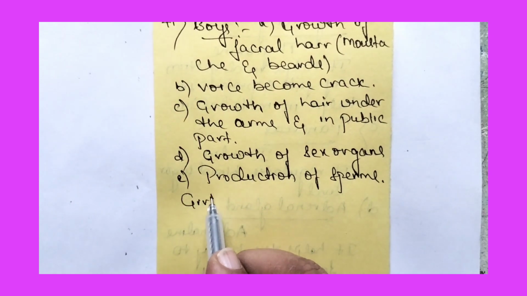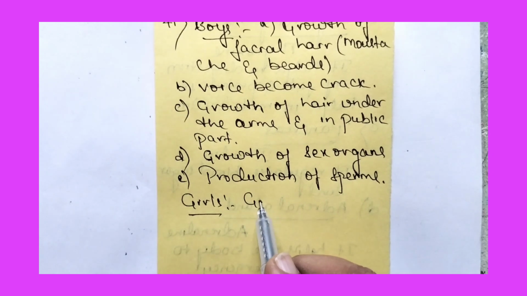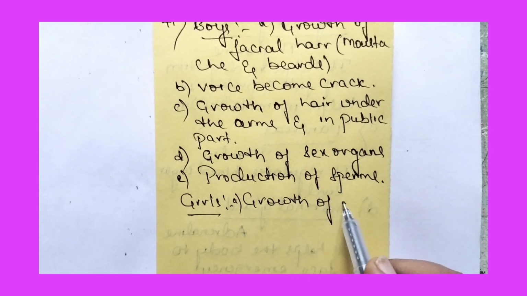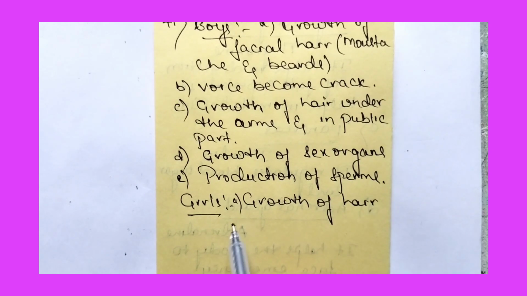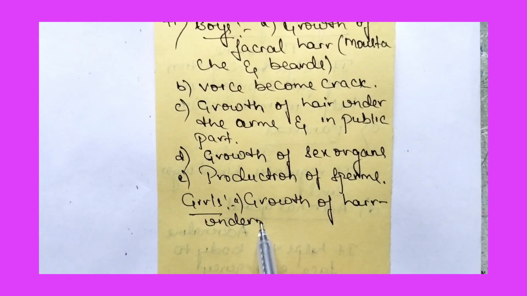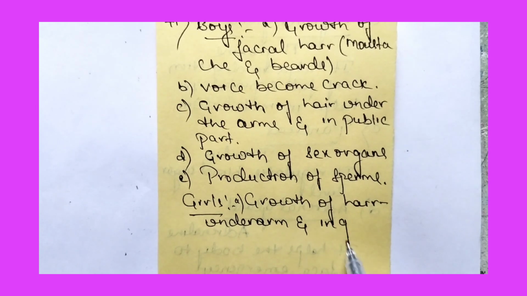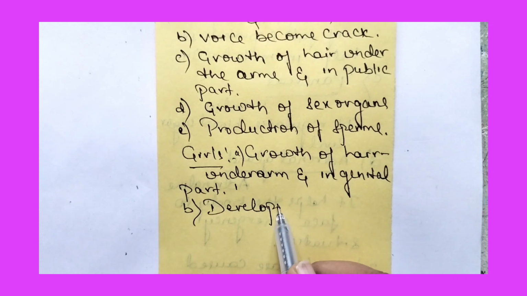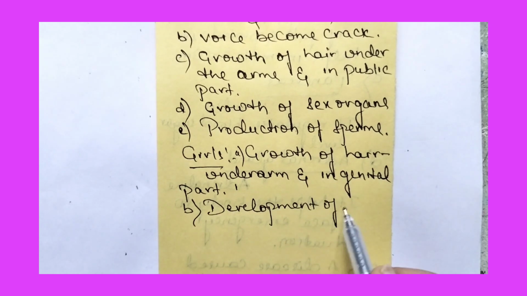Then coming to girls, growth of hair, that is underarm and in the genital part. Then the second one is development of breasts.